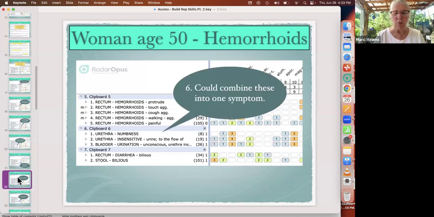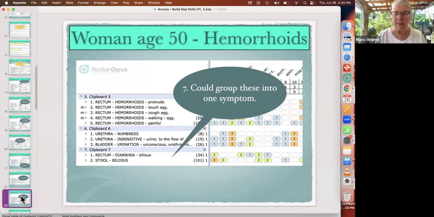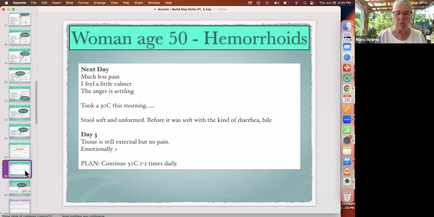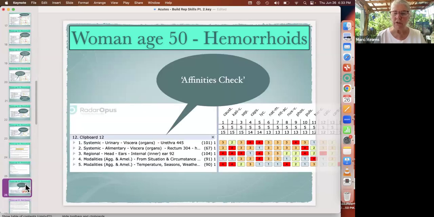Next clipboard, we could combine these into one, and indeed we saw how to do that. And finally, we could also group these into one symptom. All right. So Nux vomica 30, we saw how she did. There's your affinities check, and that takes care of the woman age 50 with hemorrhoids.